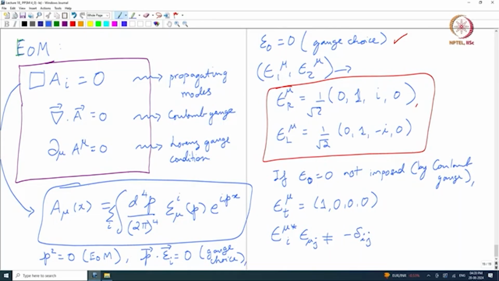But that is not all, this is a timelike vector, agreed, and we know that timelike vectors are unphysical, right. So, by imposing the Coulomb gauge, I have also avoided introducing these unphysical degrees of freedom that could have potentially been in the problem. Okay.